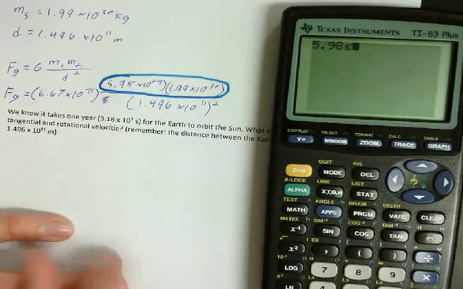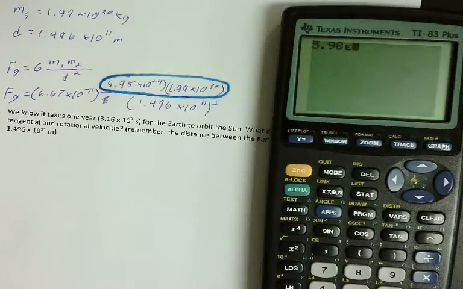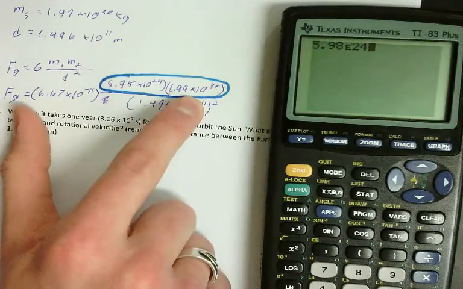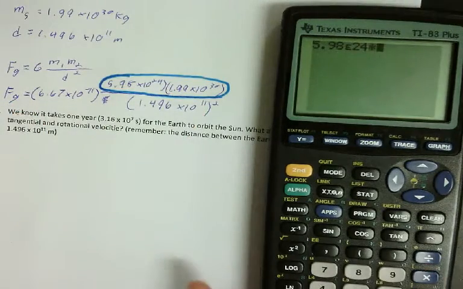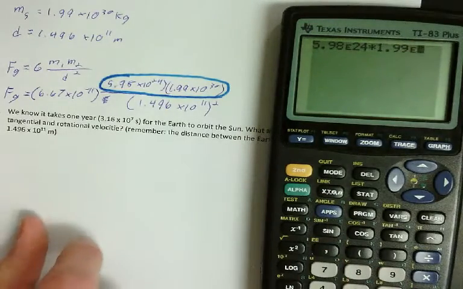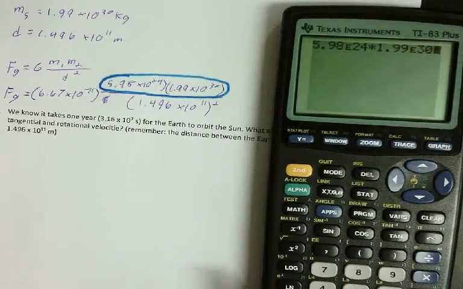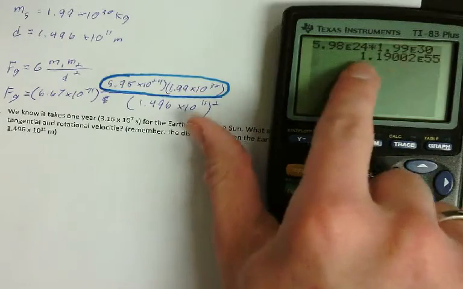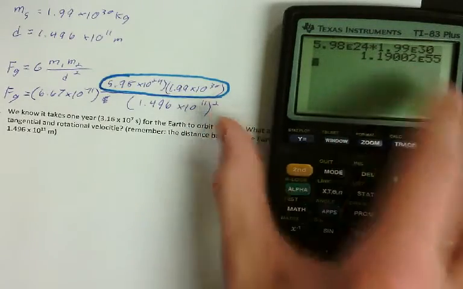Hit the second EE, or just EE, whatever it is. That does scientific notation for you. That does the times 10. Now all I need to do is put in the power. The power of the Earth is 24. I'm multiplying that by the mass of the Sun, so I'm multiplying by 1.99, second EE, 30. When I do that, I get an answer of 1.19 times 10 to the 55th.